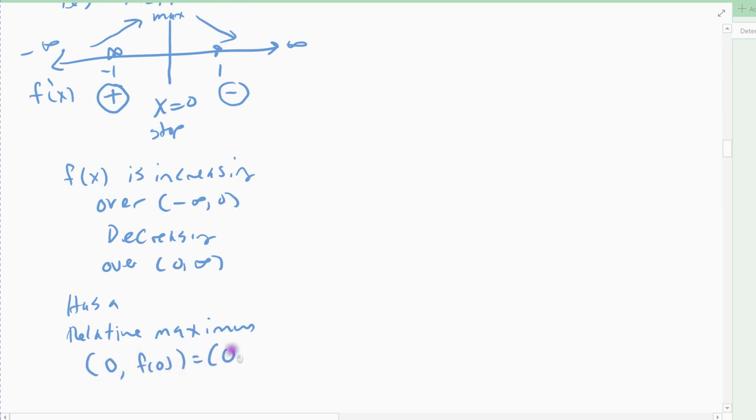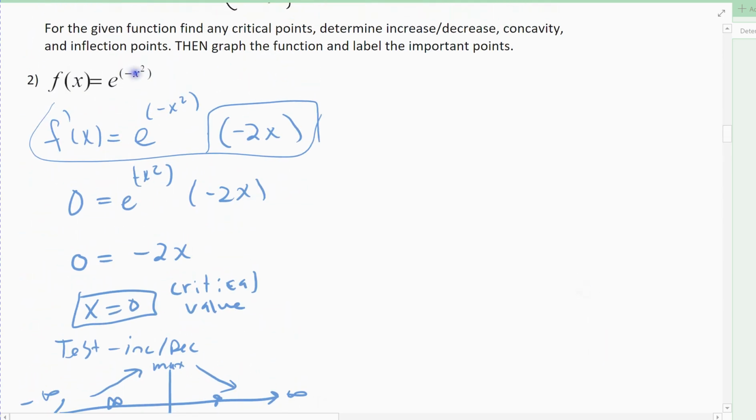So again, I go back to the original function, the e function, and plug 0 in. Remember, when I plug 0 in, it gives e to the 0. Anything to the 0 power is 1. So 1 is my relative maximum. If you go back up here, plug 0 in, it's going to give me 1. So there's all my information on my first derivative.